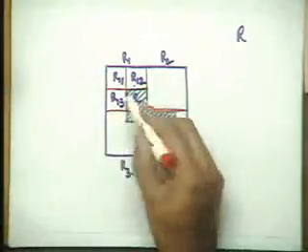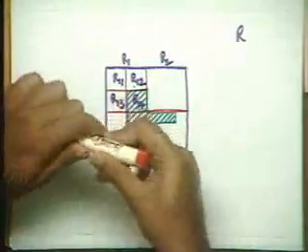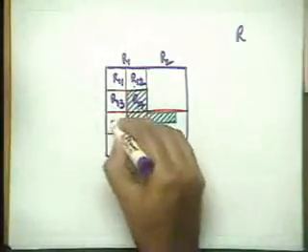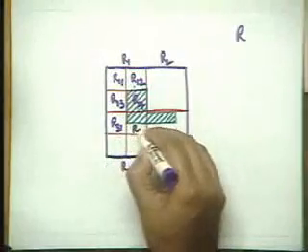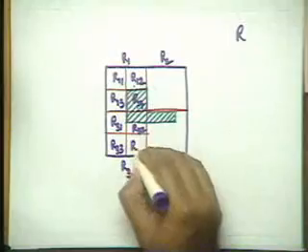For R3 I make 4 subdivisions, call them R31, R32, R33 and R34.